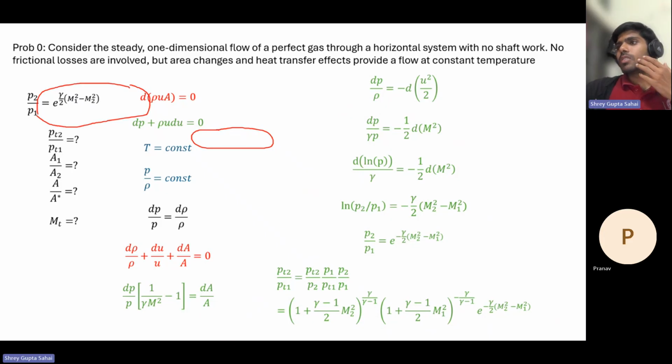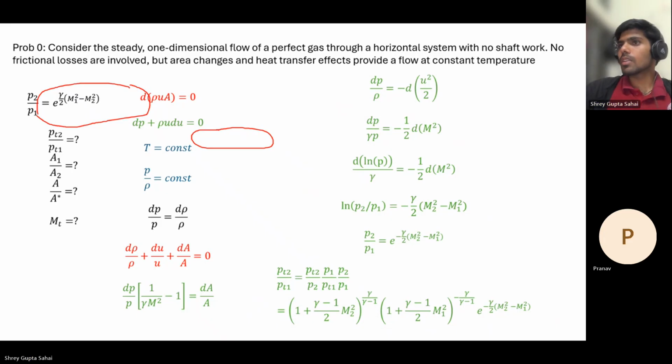Now that we have these expressions, we can use this relation to find A1 by A2, right? How do we do that? We see that dP by P is actually related to M. Okay, so we are going to use that.